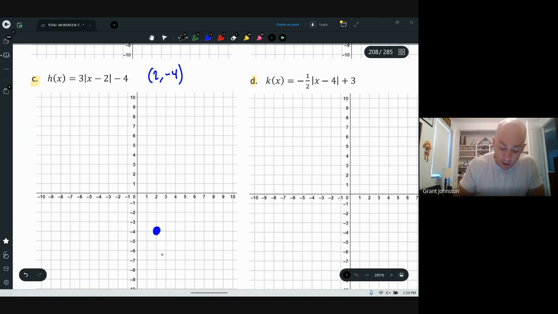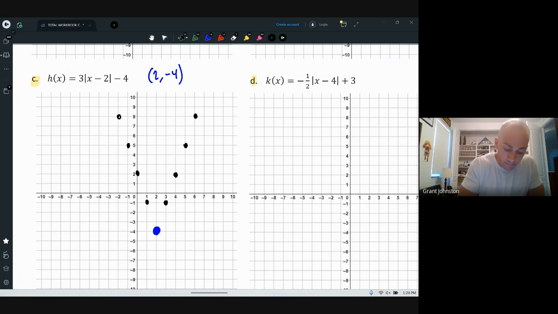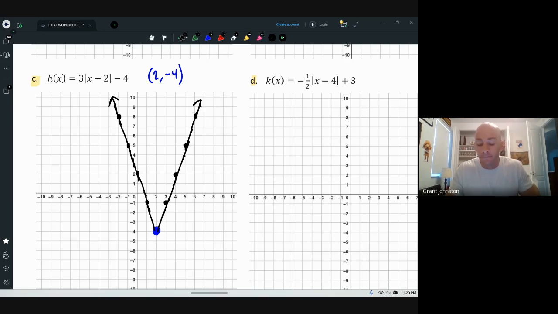So I'm going to go up 3 over 1 from that point. So it's going to be quite steep. That's how that's going to look.